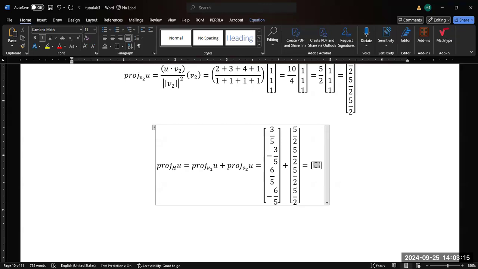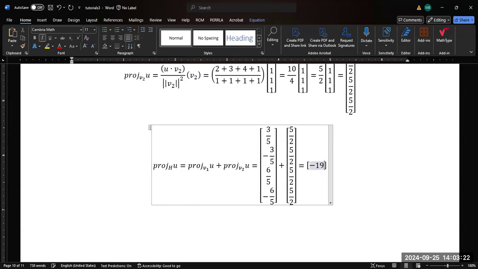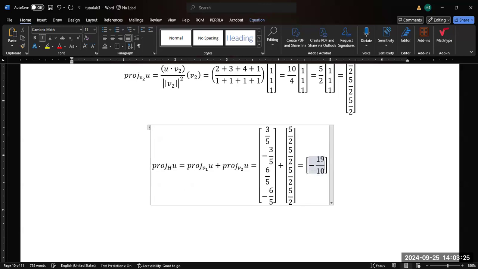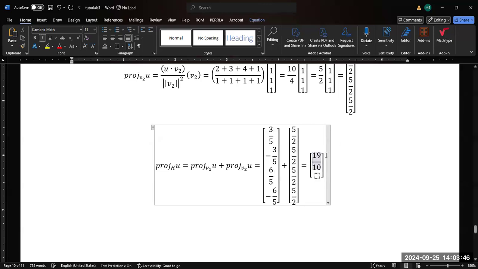3 divided by 5 minus 5 divided by 2 is going to be negative 19 over 10. And negative 3 divided by 5 plus 5 divided by 2. Oh, wait, sorry. 3 divided by 5 plus 5 divided by 2 is 3.1, which is 31 over 10.